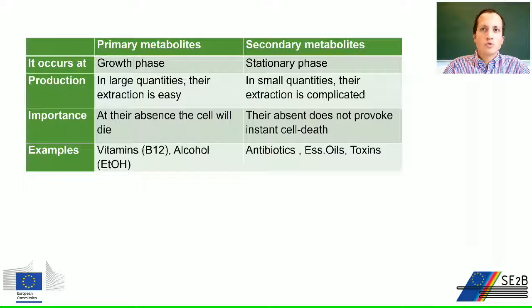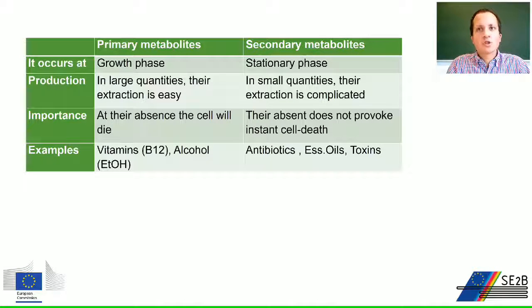In order to introduce the term metabolite, it would be useful to define the differences between primary and secondary metabolites. Firstly, the phase of the microorganism is characteristic for the production. While primary metabolites are produced in the growth phase, the secondary are expressed in the stationary or late exponential one. Primary metabolites are expressed in higher quantities, and thus their extraction and isolation is easier.